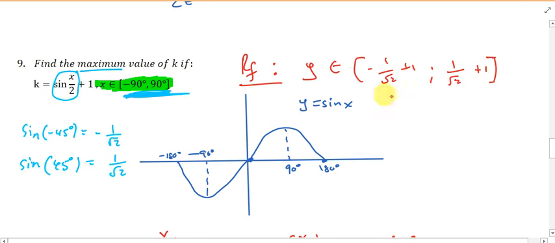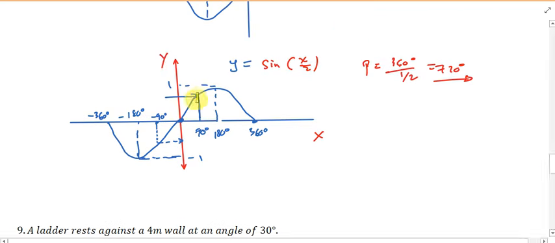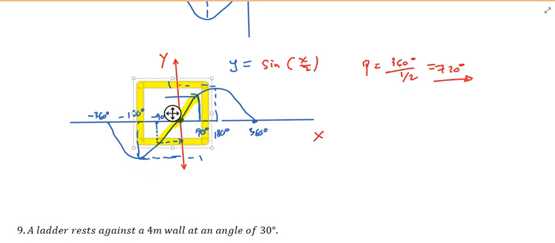Okay, so remember in a range the min and max value, so this is the minimum value and that's the maximum value. The reason why the minimum and maximum value is like this is because it is a restricted graph. You only have to draw your graph from there to there. That's basically your sine graph, so you need to focus on this portion, which is, let's make it green here.